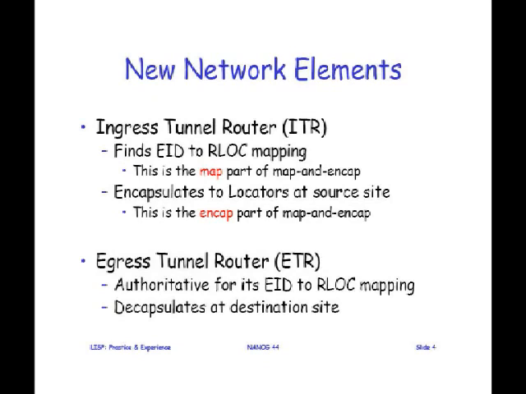And then it encapsulates to the locator, the RLOC, at the source site, and that's the encap part. And of course, it sends it across to the other end that decapsulates it. That's the ETR, and then sends it on to its location inside the site. So think about the ITR as the thing that finds the mapping and does the encapsulation. The ETR is the thing that decapsulates it at the destination site.